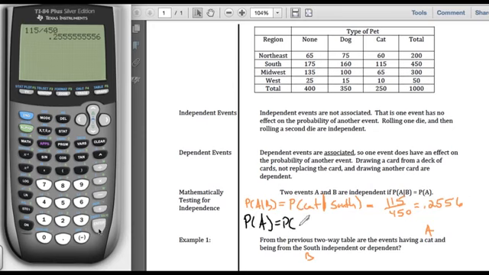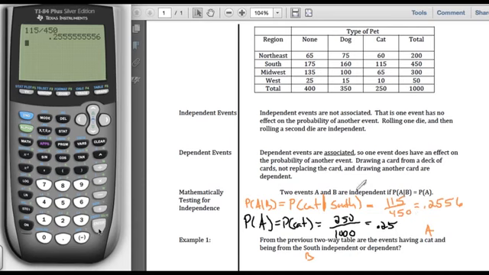I want to compare that to just the probability of A. That is the probability that a person has a cat. So that's everybody. There's no condition to narrow down. I'm looking at all 1,000 people. The number of people with a cat is 250, and I get 0.25. And so these are very close, but they're not exactly the same. This is 25.56%. This is 25%.